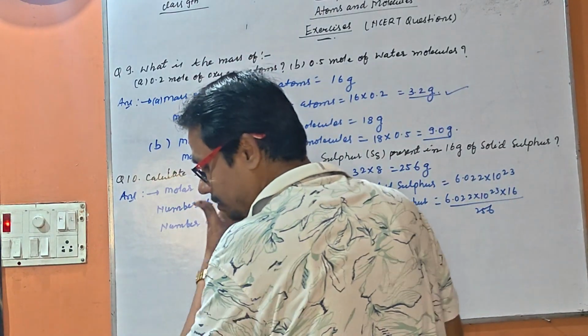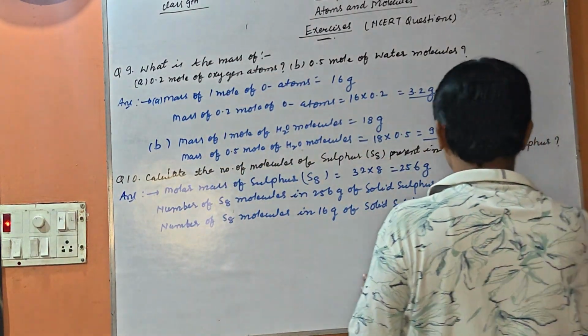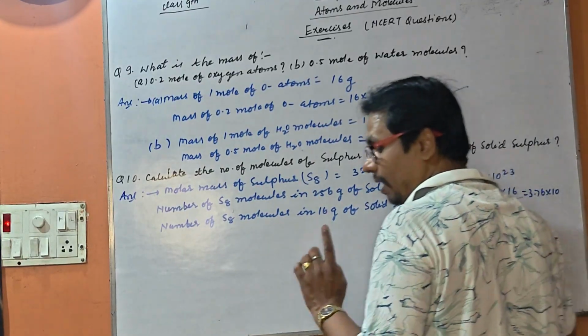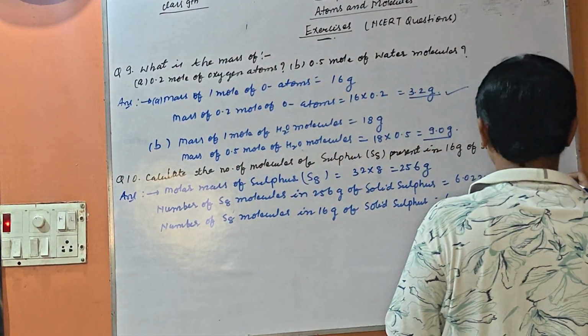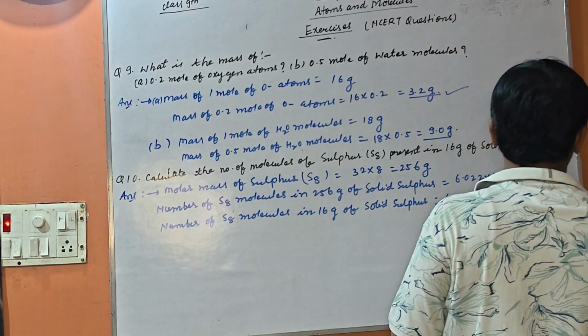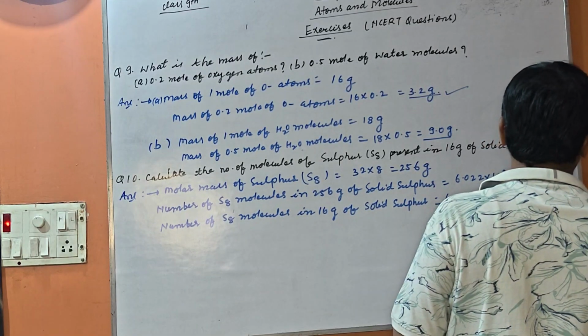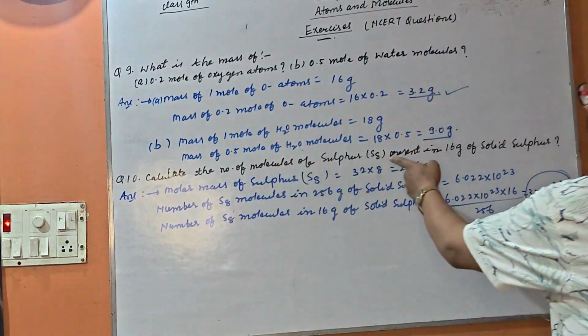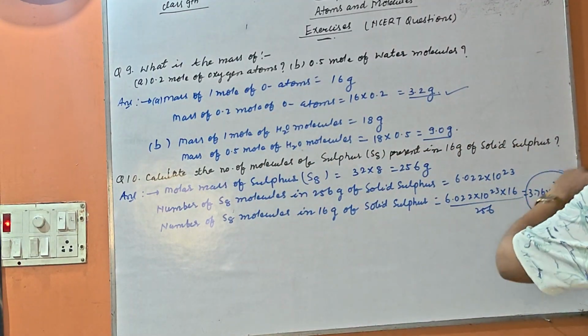The calculation comes to 3.76 into 10 to the power 22 molecules. This is your answer.